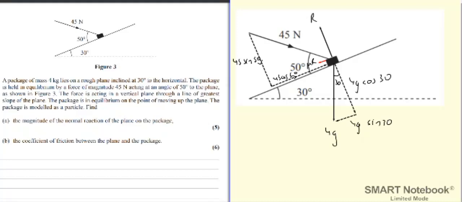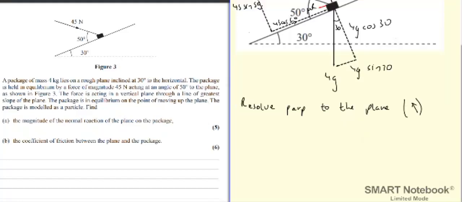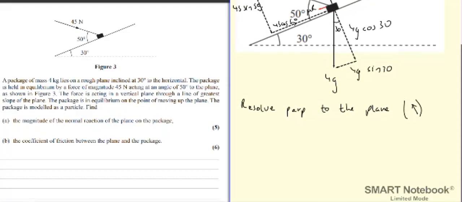Because R acts perpendicular to the plane, I'm going to resolve perpendicular to the plane. So in this case, we are going to resolve in that direction. Now, this object is in balance.